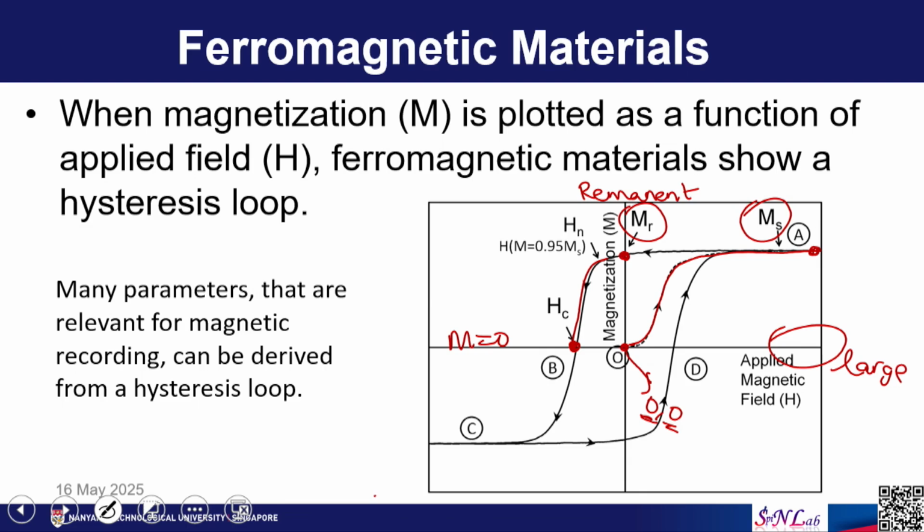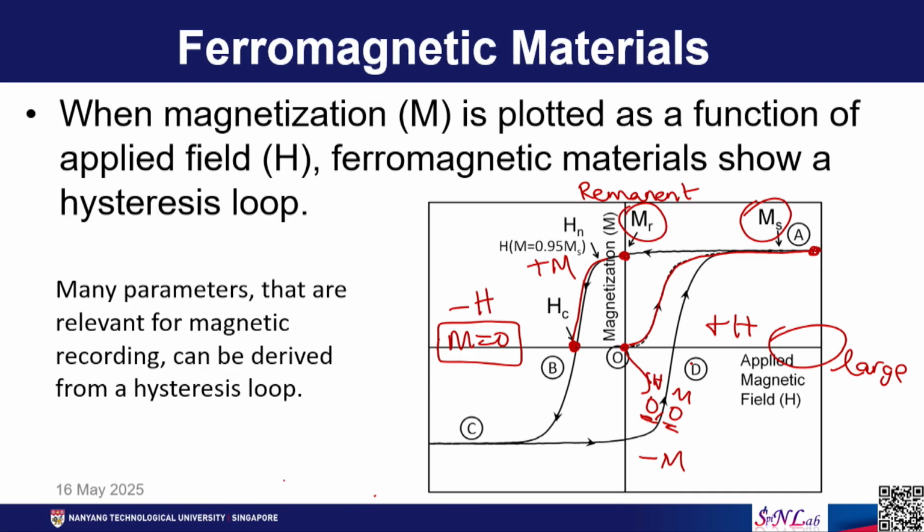So typically this side is a positive field, this side is a negative field, and this upper side is a positive magnetization and this is negative magnetization. So when you come to this field, the magnetization is 0. The y axis is magnetization, the x axis is H. So the y axis is 0, which means magnetization is 0.